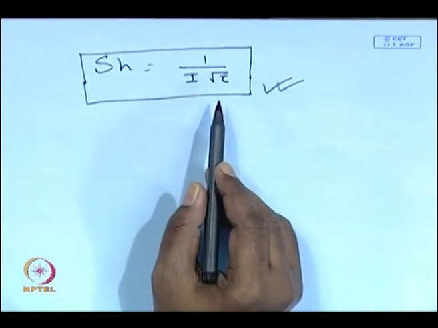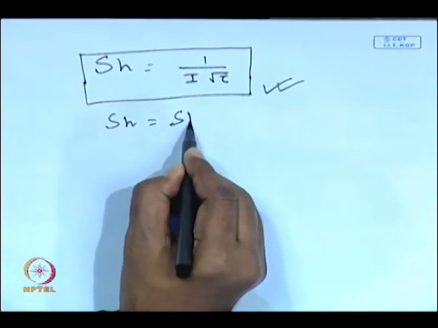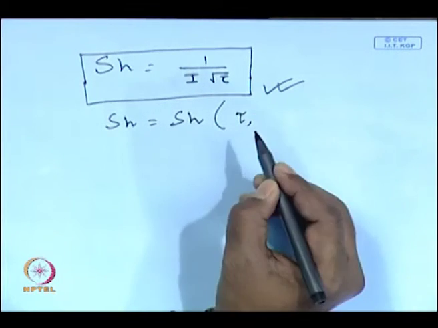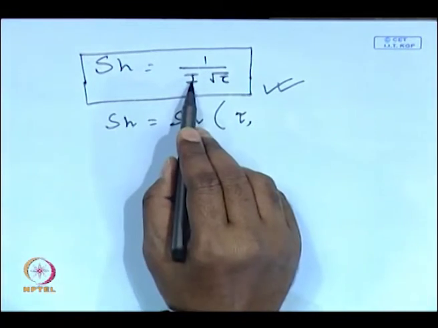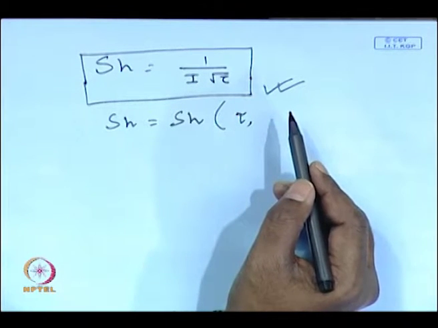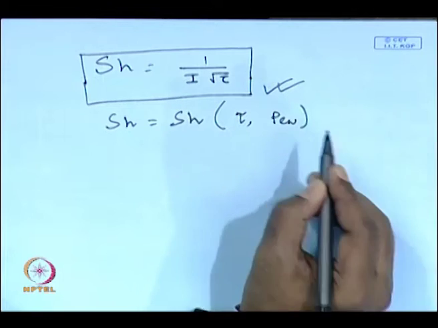Now, in this expression, Sherwood number will be a function of two things. One is time, another is, if you remember, in the integration of I, there is a constant a, and a is nothing but Pw times root over tau. So, this will be a function of Pw as well.